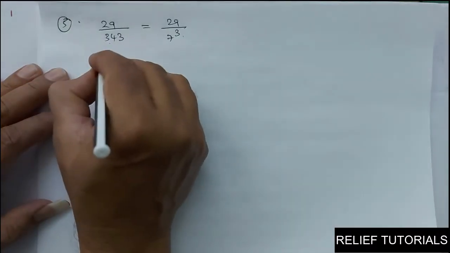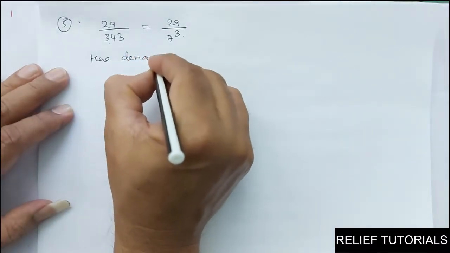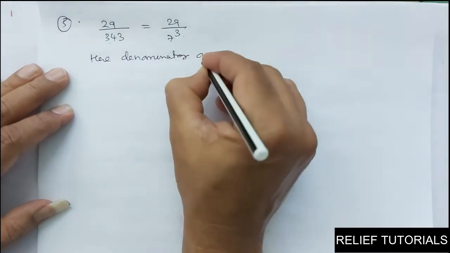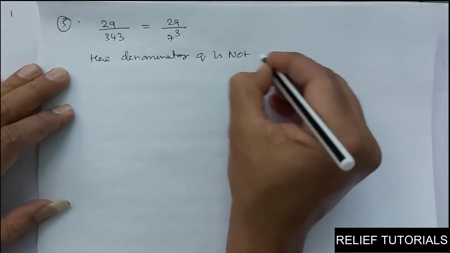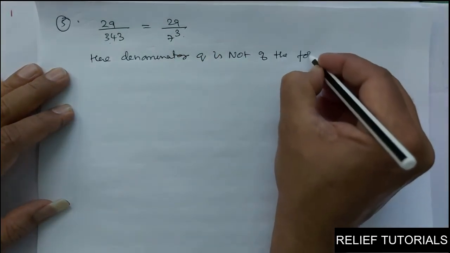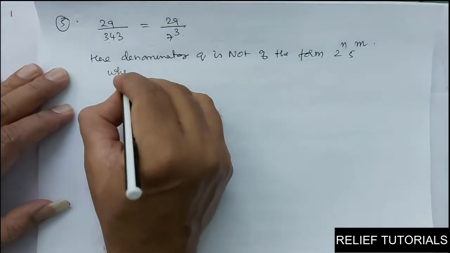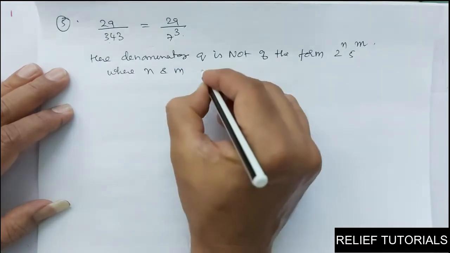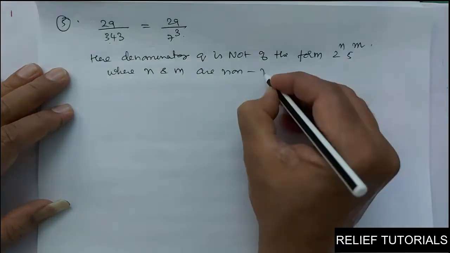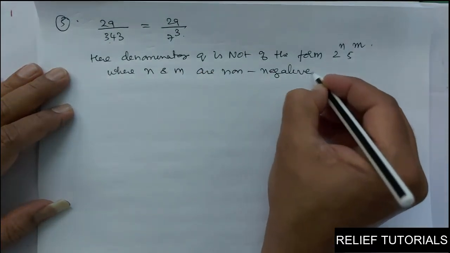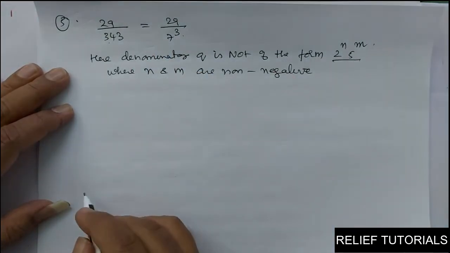So here the denominator q is not of the form 2 raised to n, 5 raised to m, where n and m are non-negative integers.